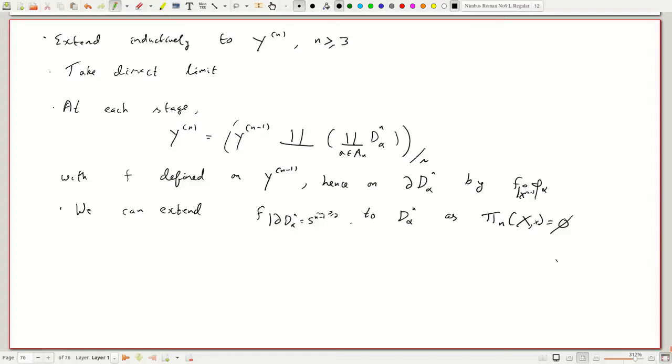So we are extending across all disks, and because the target space is an Eilenberg-MacLane space, all its higher homotopy groups become 0. As a result, we can extend any map from the boundary of D alpha n to D alpha n, and hence we can define it on the k-skeleton.